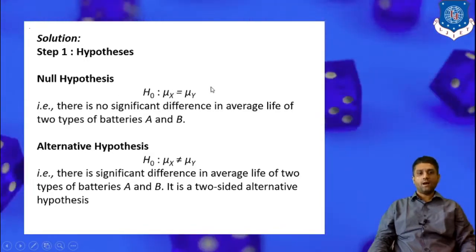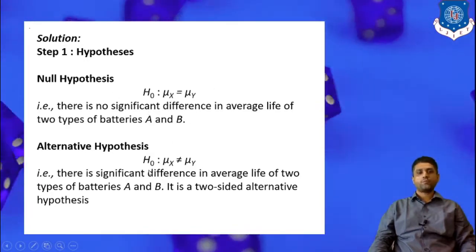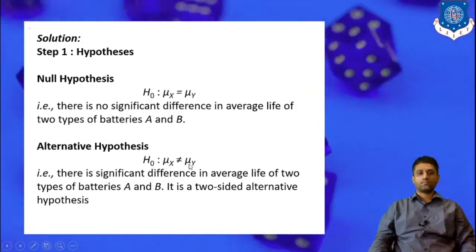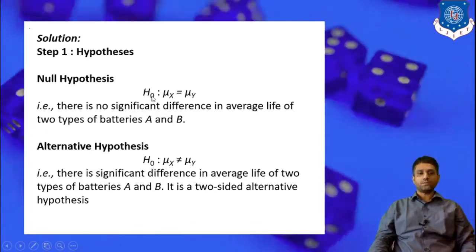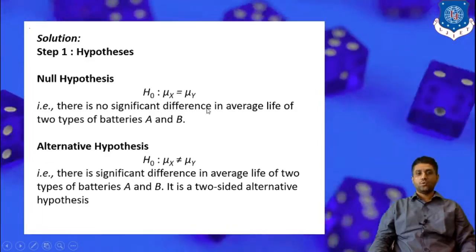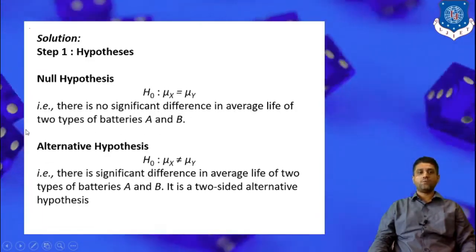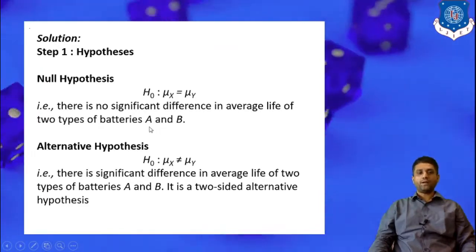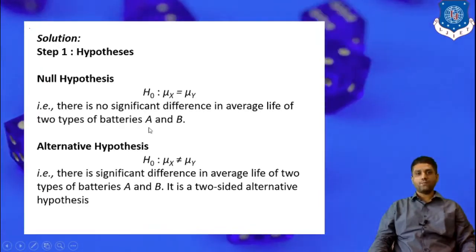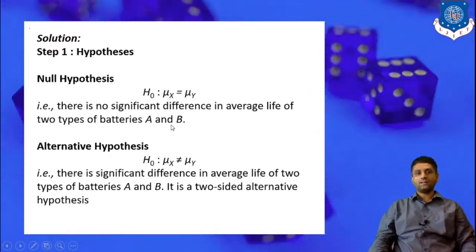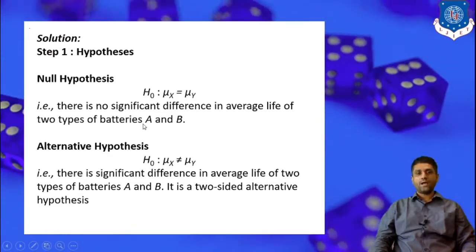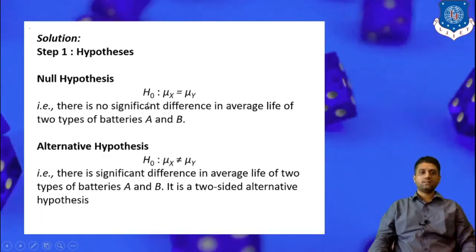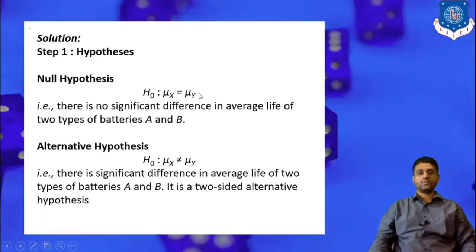Now, against this null hypothesis, we have to define the alternative hypothesis: mu x not equal to mu y. Because the null hypothesis suggests no significant difference in average life of the two types of battery, if the average life of type A battery is higher than type B, or the average life of type A battery is less than type B, if anything like that happens, then this null hypothesis is rejected.